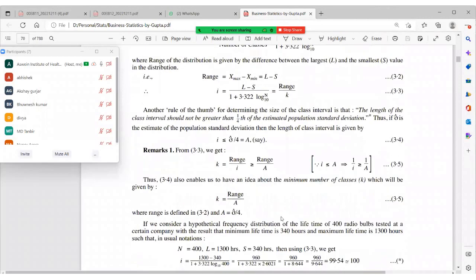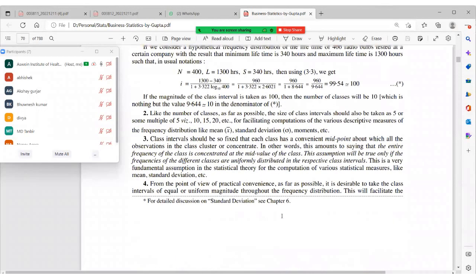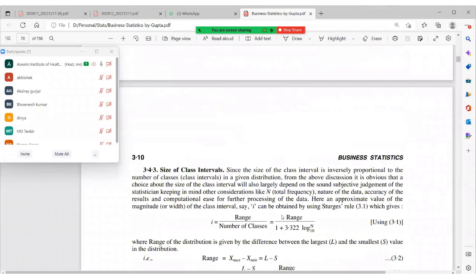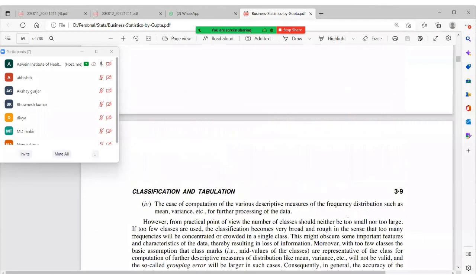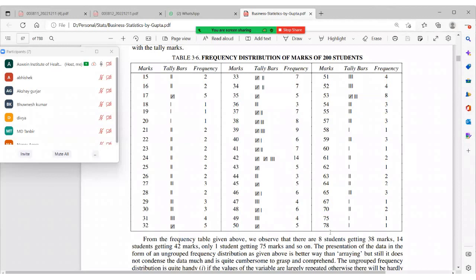Okay. Generally, what we do, see, in this example, we find that the minimum is 15 and the maximum is 78, right? So generally, we have to find how many classes we need, or what intervals we have to find. So we find the difference of maximum and minimum.